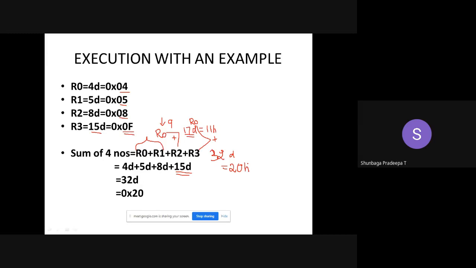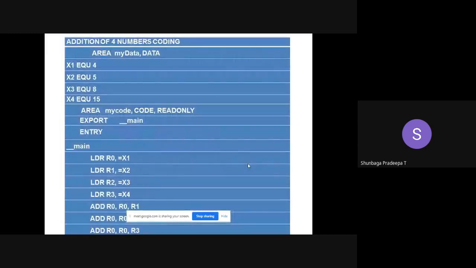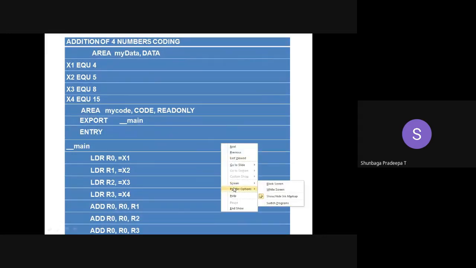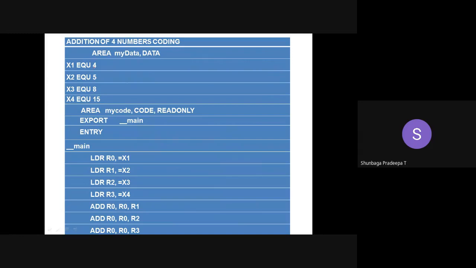So this way we have to write the coding. I have written the coding. What we are doing here is, first you have to declare the variables, global initializations, using your directives in the data memory. So this x1 EQU 4, what is this?